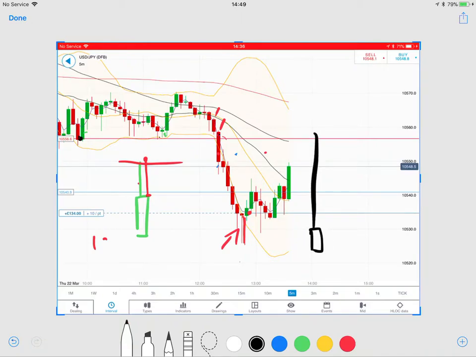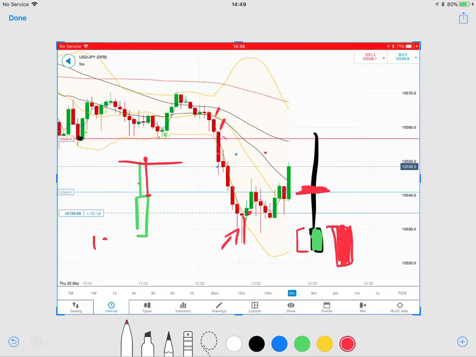You can get really big wicks on them, and a green candle down here, that's maybe a good sign that it's a weak buy. The next candle will probably be red, because this candle here finished in the lower half.